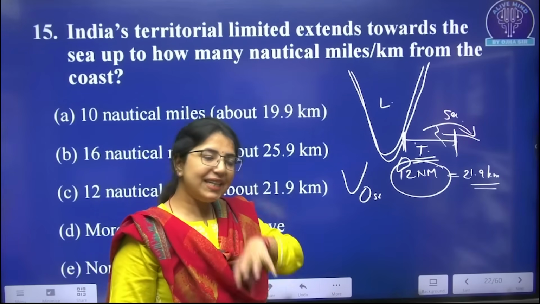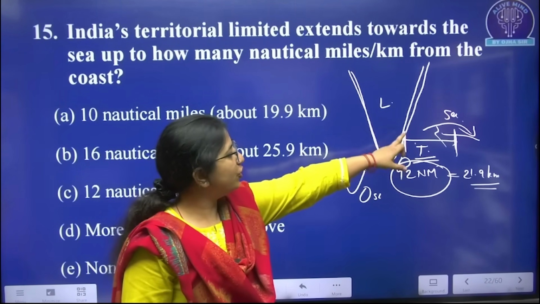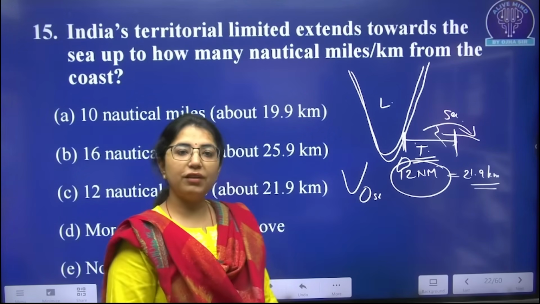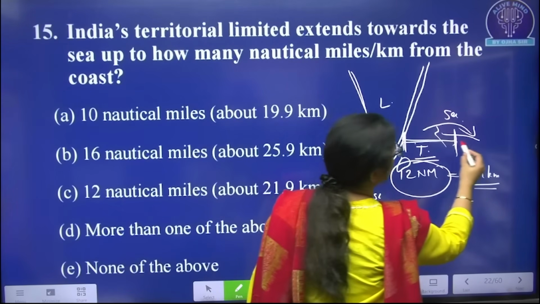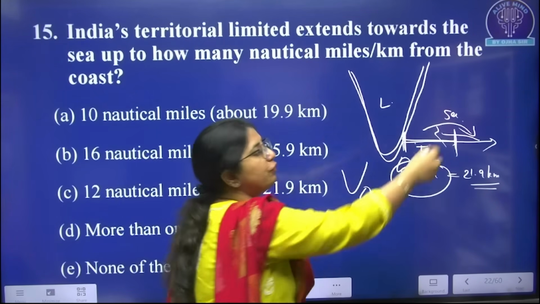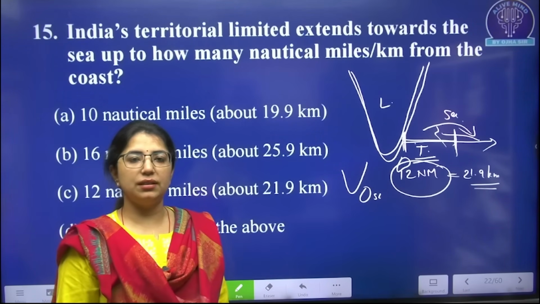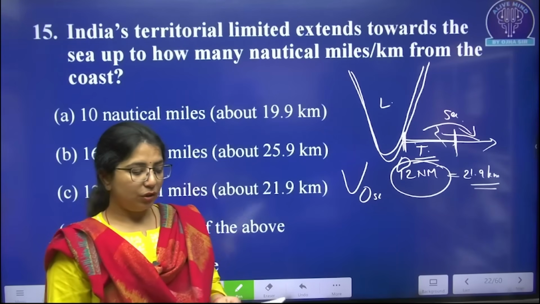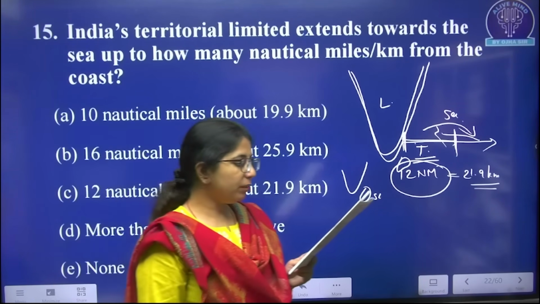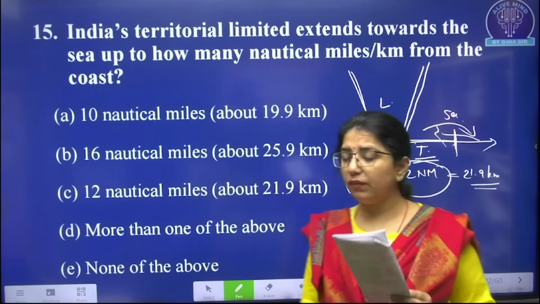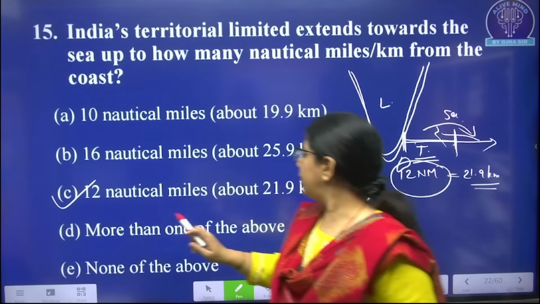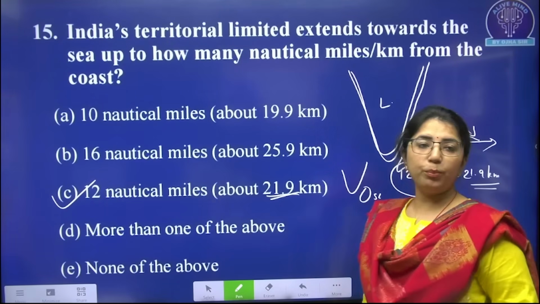They mistakenly cross this territorial area while fishing, come into the zone of the other country and get arrested. The options given here are 10 nautical miles, 16 nautical miles, 12. The answer is C, 12 nautical miles, which is about 21.9 kilometers.